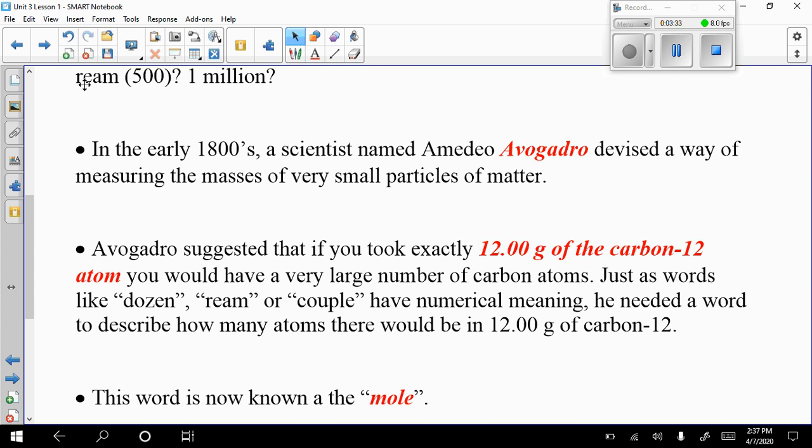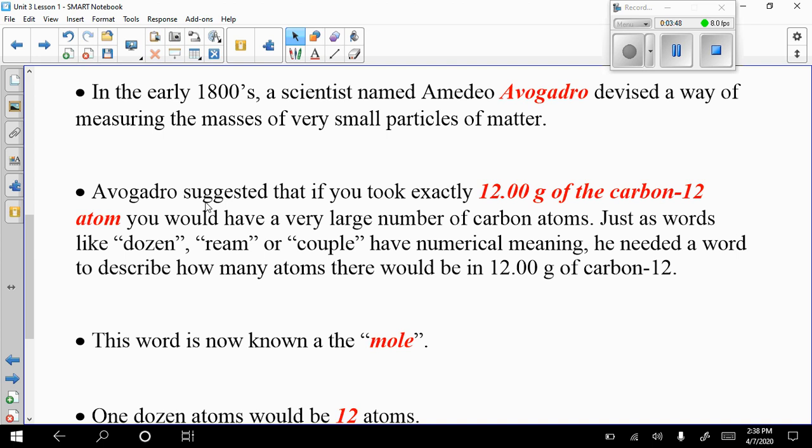And just like words such as dozen or ream or couple have a numerical meaning, he needed a word to describe how many atoms there were in 12 grams of carbon-12. And so he picked the word, the mole.